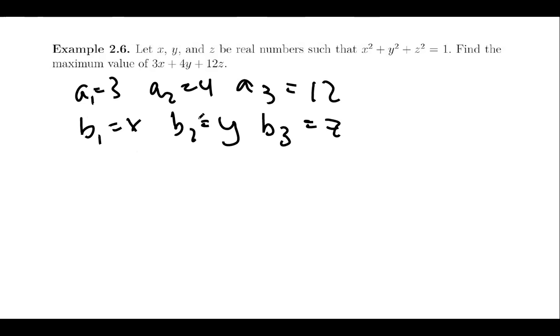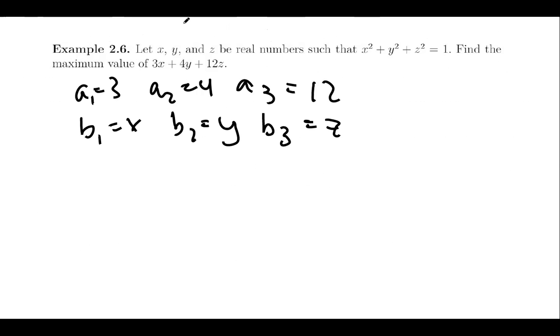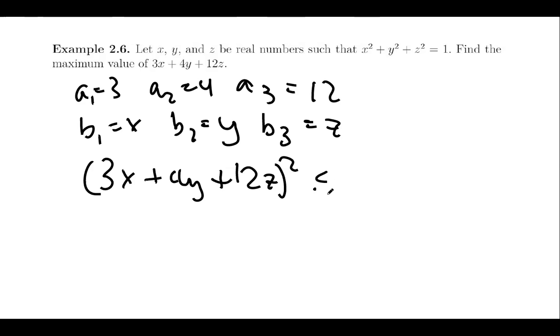So the left-hand side, the sum of a times b, is what we're trying to find: 3x plus 4y plus 12z, squared. And that's less than or equal to the sum of the a squareds times the sum of the b squareds.